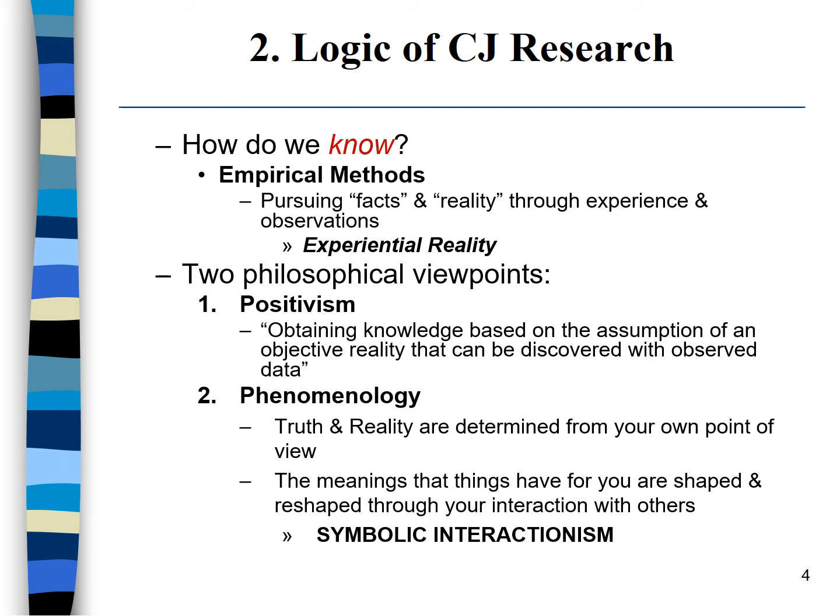With positivism, the goal is trying to figure out universal truths, those singular facts that cannot be disputed. And the idea here, as you can see quoted under the positivism tab there, is that obtaining knowledge based on the assumption of some objective reality that can be discovered with observed data. So what does that mean?